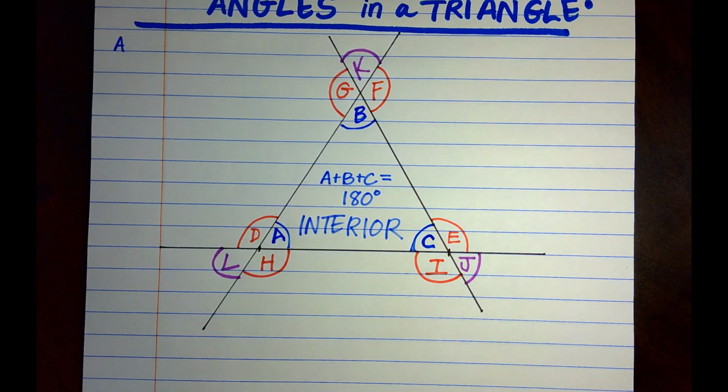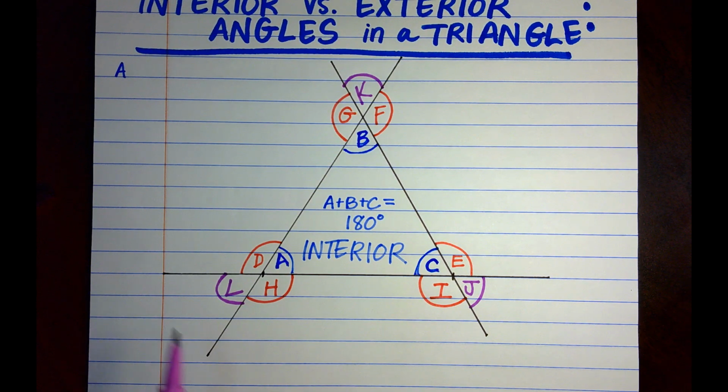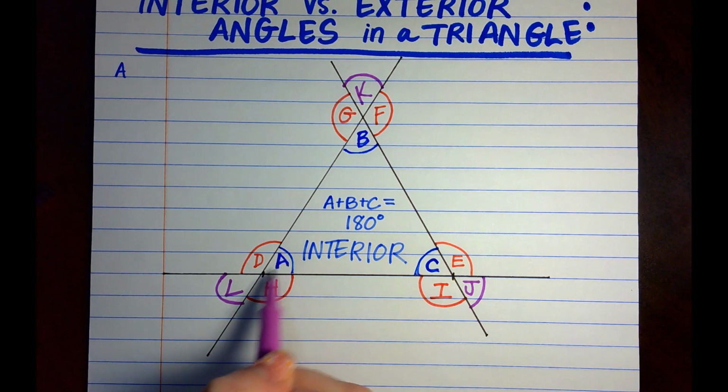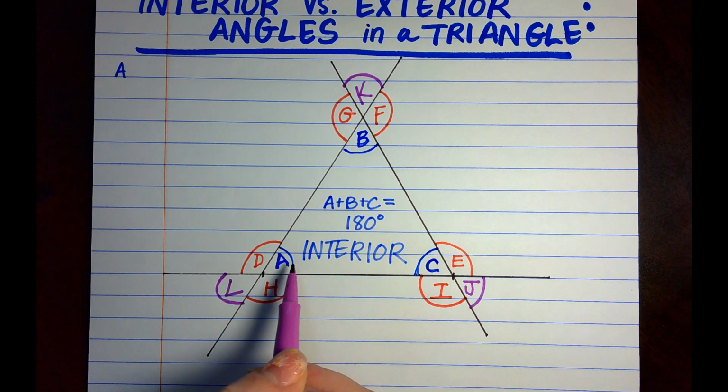A and L. What is the equation? A plus L equals 180? Do I know if they add up to 180? I don't know what their measures are. What do I know about the relationship between A and L? You just said it.